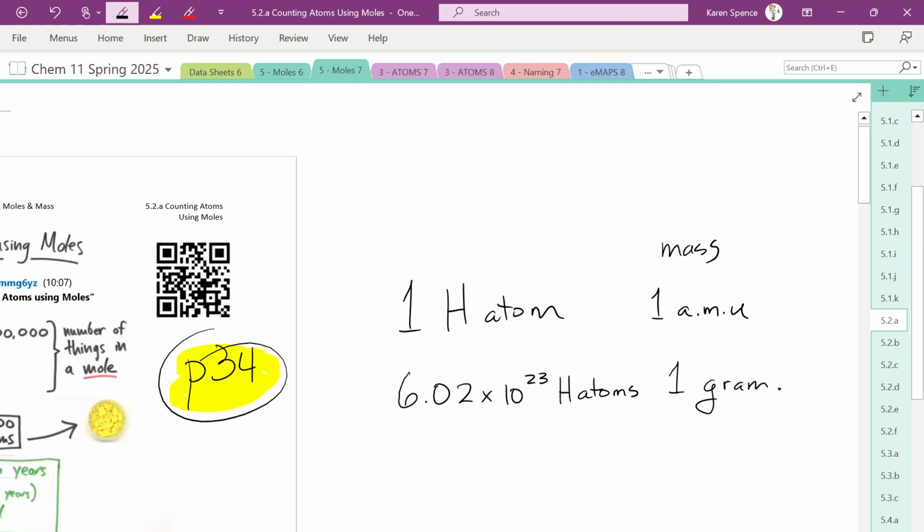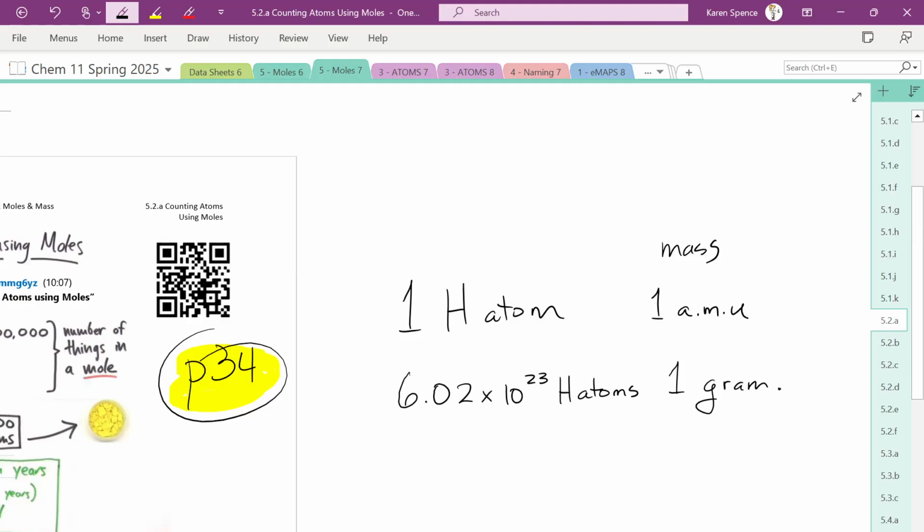So literally, they picked the number 6.02 times 10 to the 23 because it allows us to scale from AMU to grams and keep the number the same. If you picked a different number, like 1.2 times 10 to the 24, then the mass of 1 mole of hydrogen would be 2 grams.